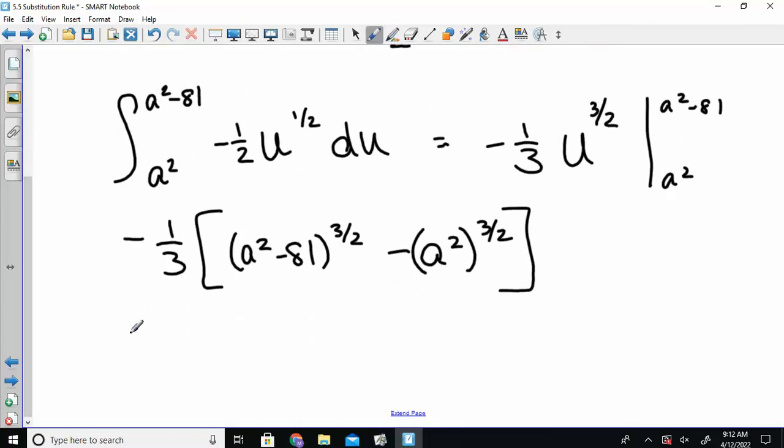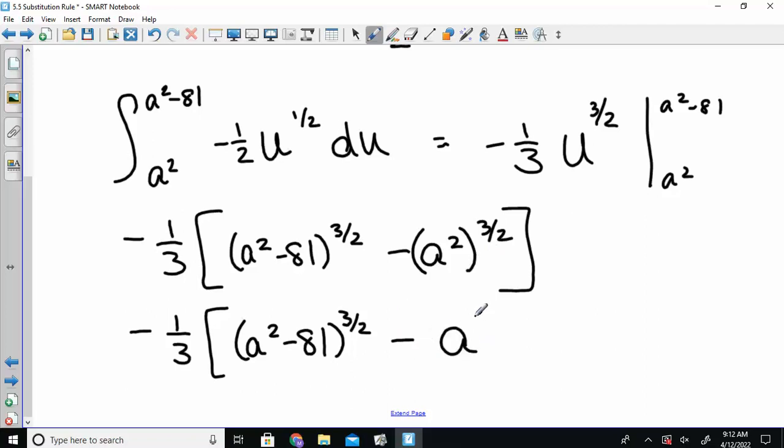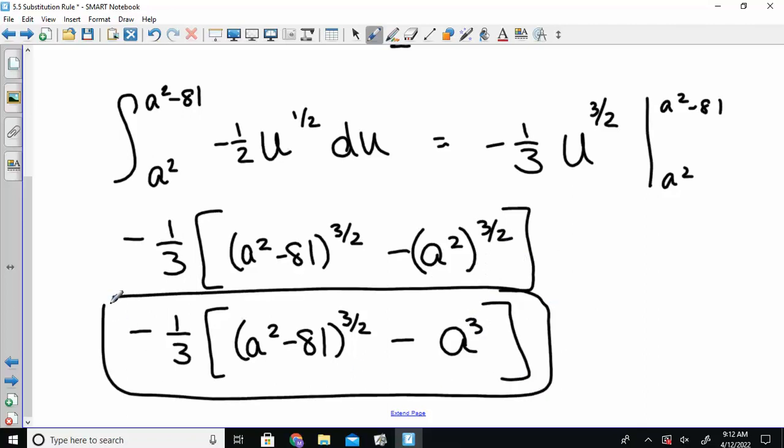As far as simplifying this, there's really not much we can do. We don't know a squared minus 81, so I can't do anything there. Really, the only simplifying, what would be a squared to the 3/2? You multiply 2 times 3 over 2, which is 3. And that's as far as you can go with this one.